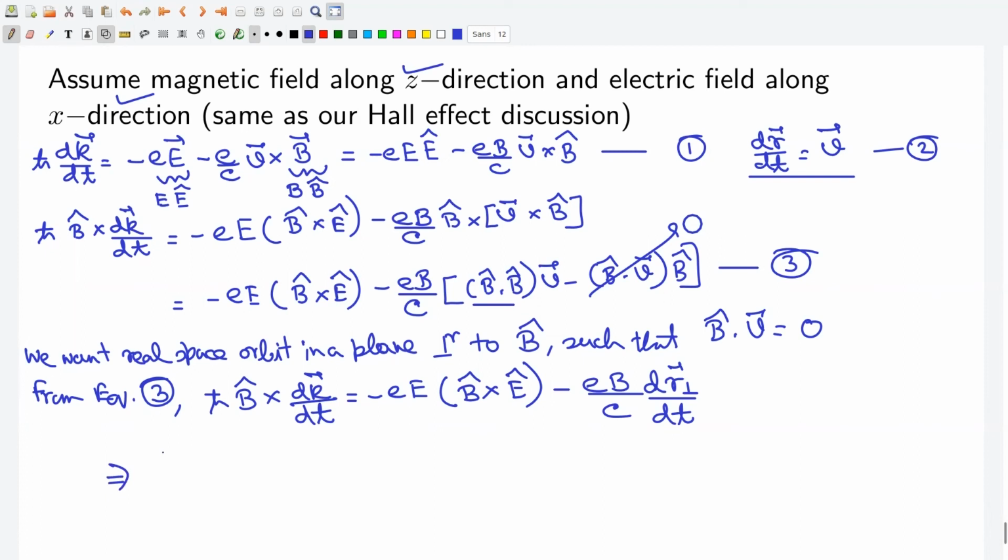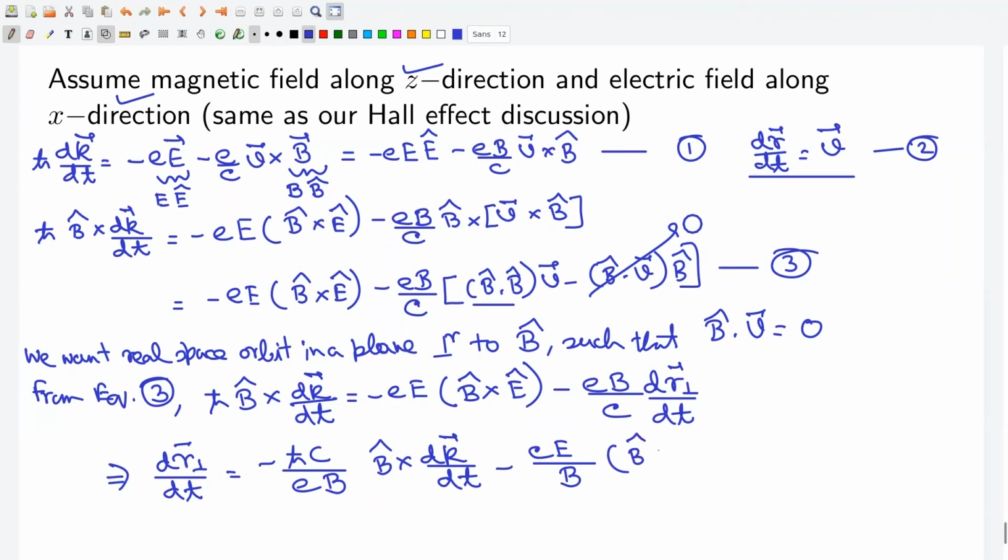Thus, we get dr perpendicular dt is equal to minus h bar c divided by eB times B hat cross dk dt minus C times E divided by B hat cross E hat.